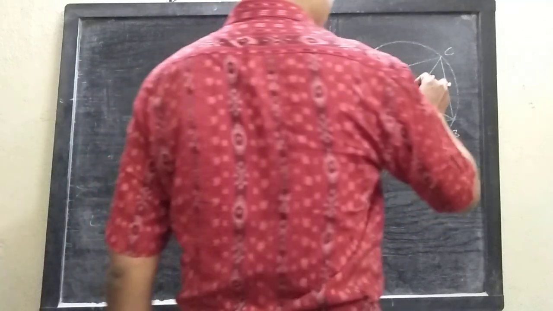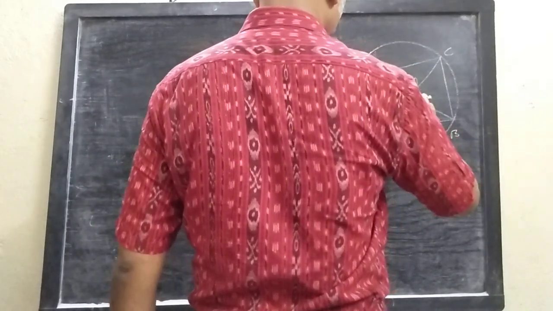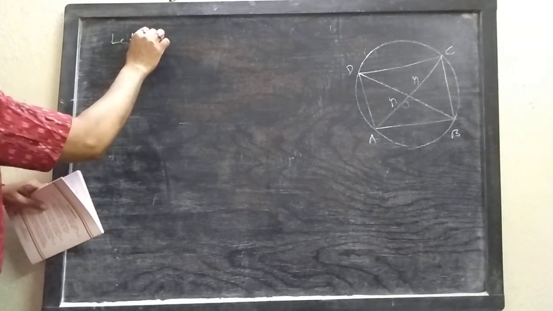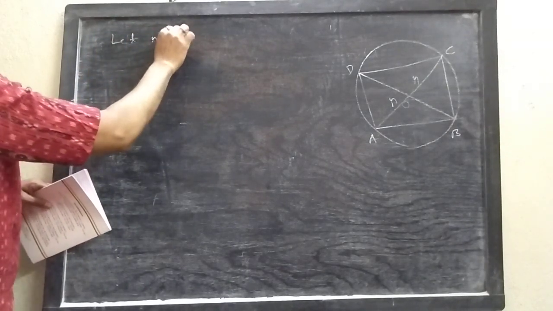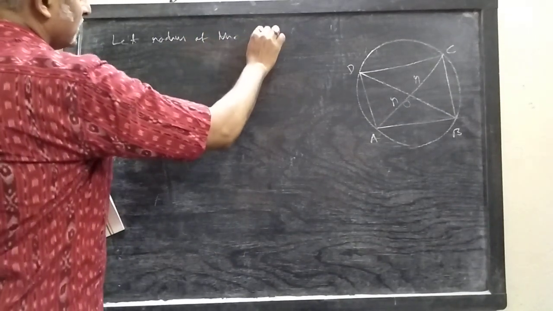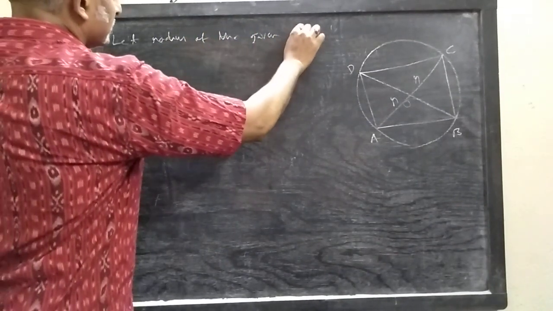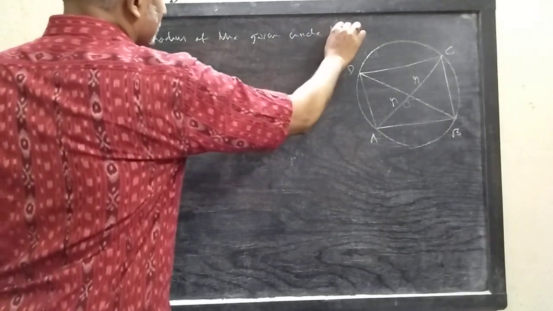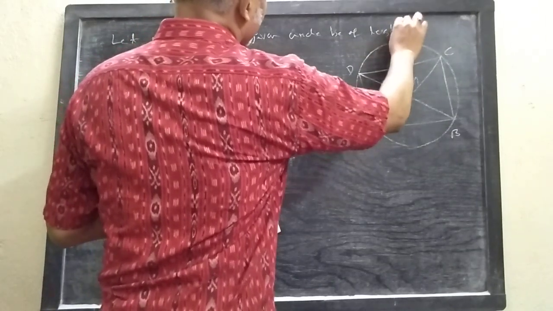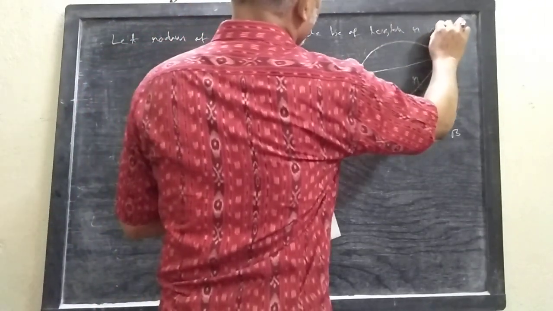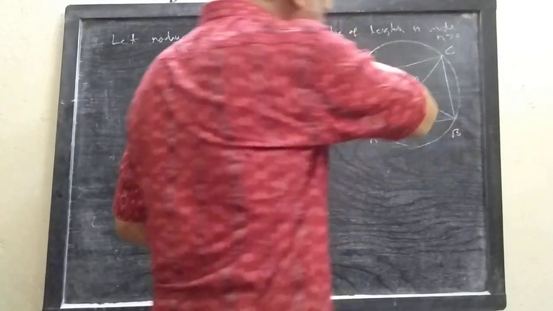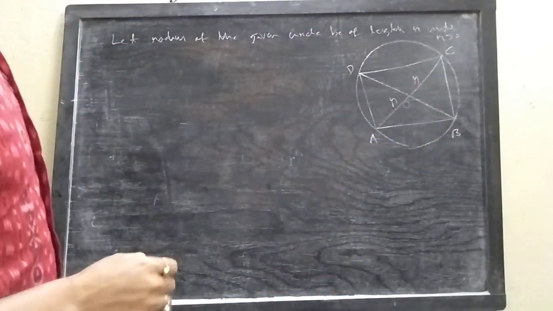Given a circle, let the radius of the given circle be of length R units. R is obviously greater than 0, and R is constant because it is a given circle.